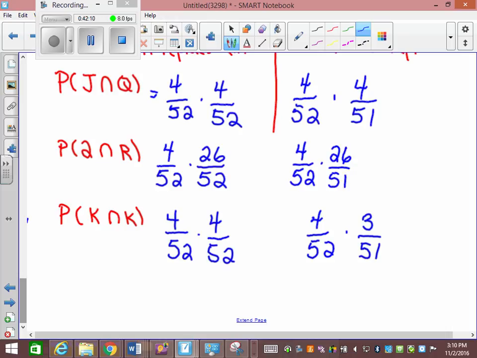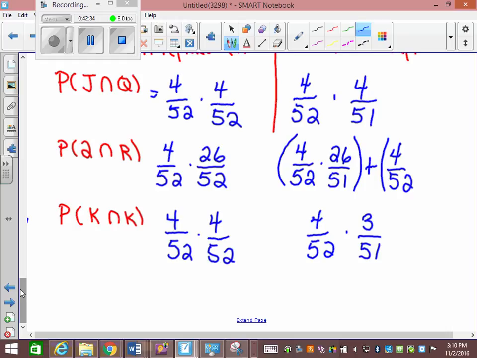But that would be if this card wasn't red. If I pulled the 2 out the first time and it wasn't a red card, I'd still have 26 red left, right, out of 51. But I have that case where I pull out a 2 and now it's actually a red card, correct?